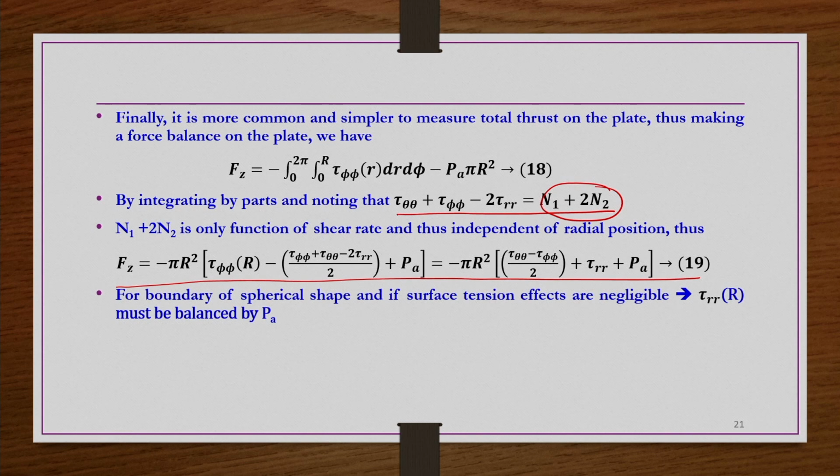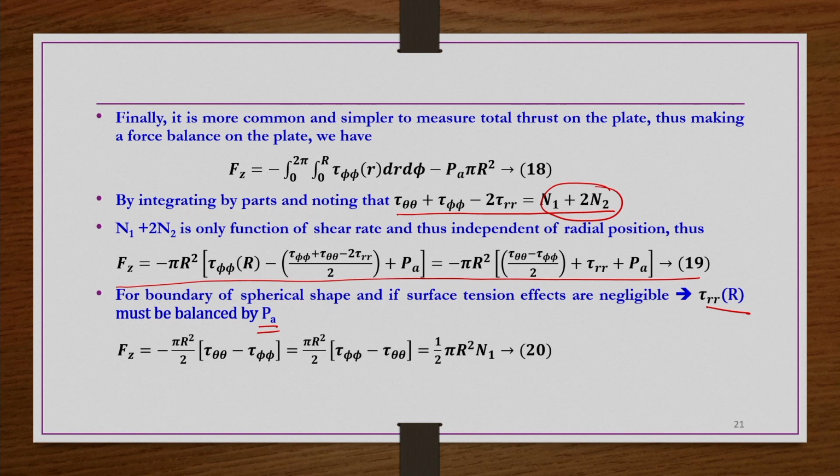If the boundary is of spherical shape and surface tension effects are negligible, then this quantity must be replaced by Pa. So F of z is nothing but pi R squared N1 by 2. So the first normal stress difference can be obtained directly from the thrust, which you can measure experimentally without any difficulty.